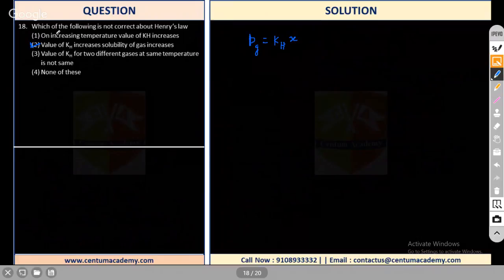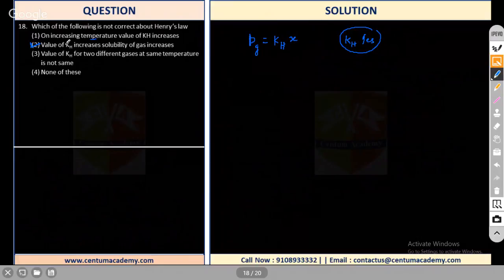See, the example I have taken now, you can easily compare from that. Options 1 and 2 are contradicting each other. Suppose option 1 is correct, which is actually what we discussed, because KH increases as temperature increases. I have discussed this in the class, right? Now suppose option 1 is correct here. So option 1 is: temperature increases, KH value increases. When the value of KH increases, that is only possible when the temperature increases.